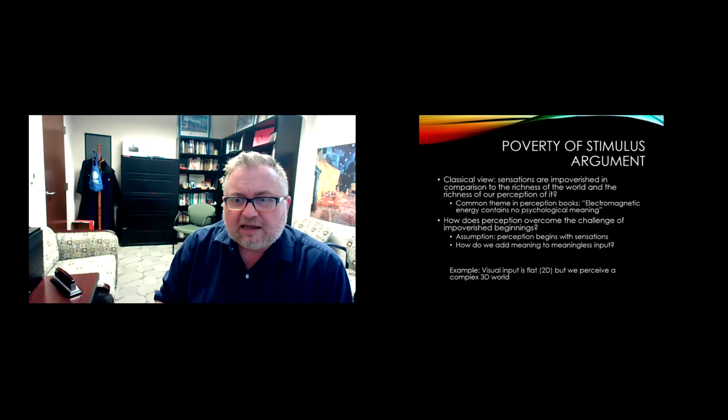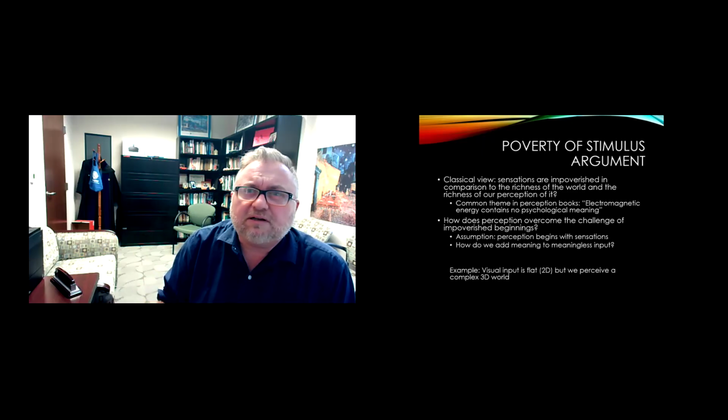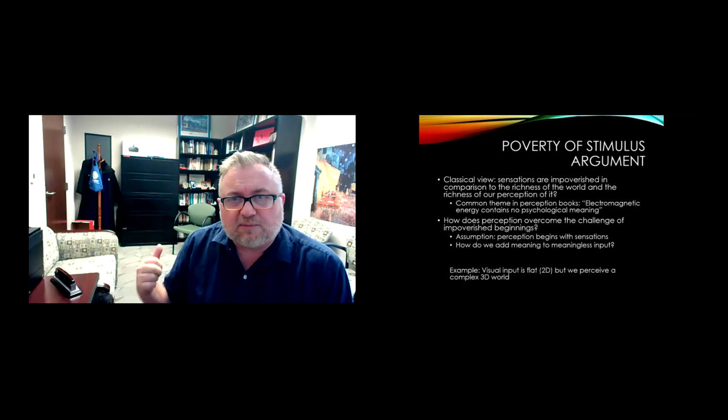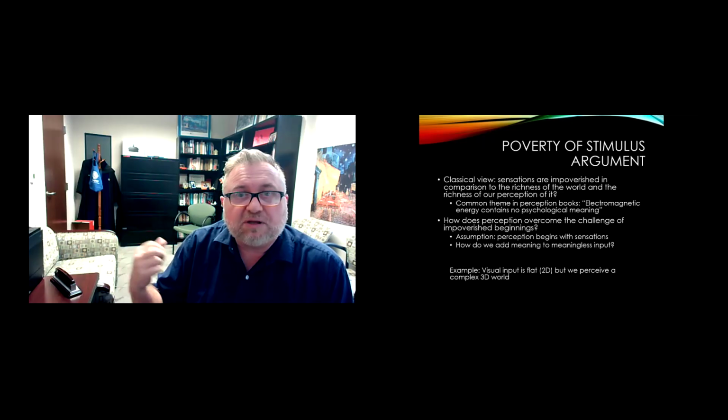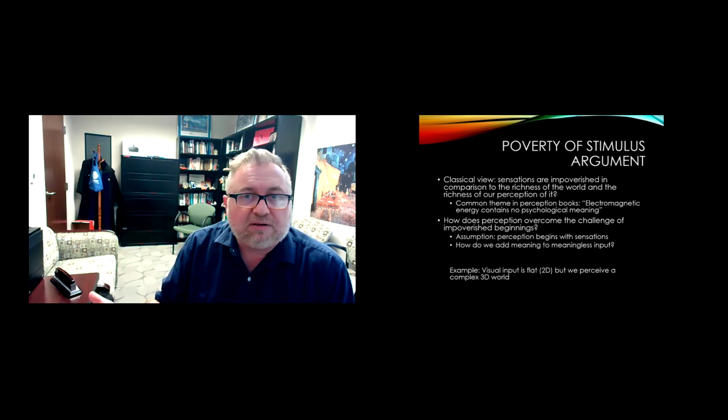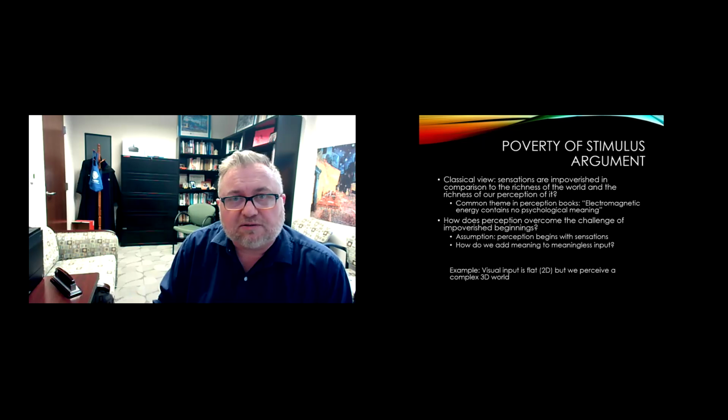What this means is that a single light ray entering into your eye that has a particular photon flux in a particular wavelength, and that's the electromagnetic energy, does not carry any meaning in terms of what the object is that it is reflected from. Could it have been an apple? Maybe. Could it have been a person wearing a red t-shirt? Again, maybe. Could have the same brightness, could have the same color, right?